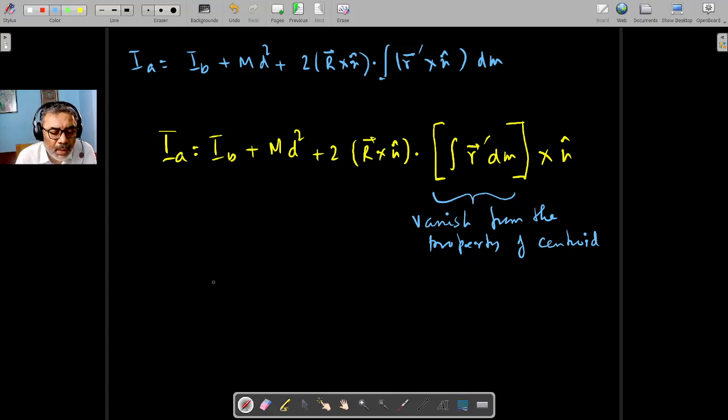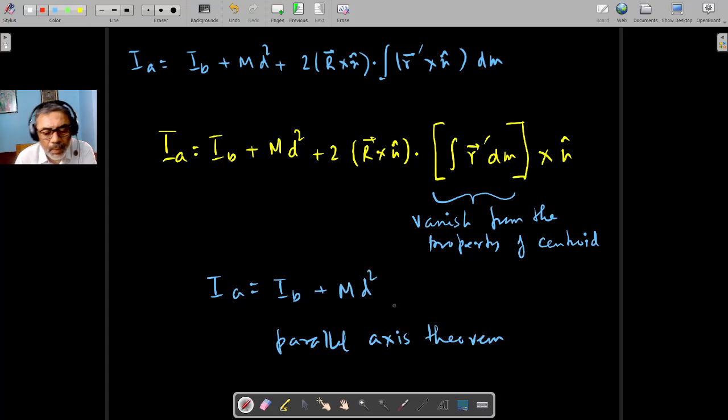And finally we get IA equal to IB plus M d square. So this theorem says that suppose we know the moment of inertia about an axis passing through the centroid. We call it IB.